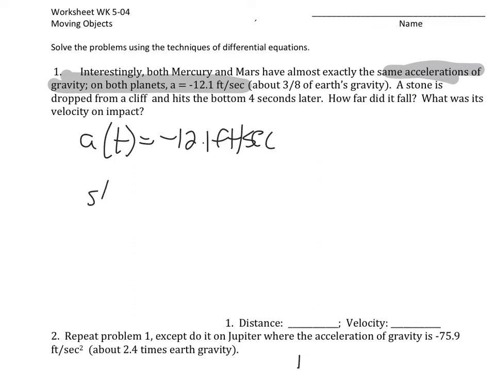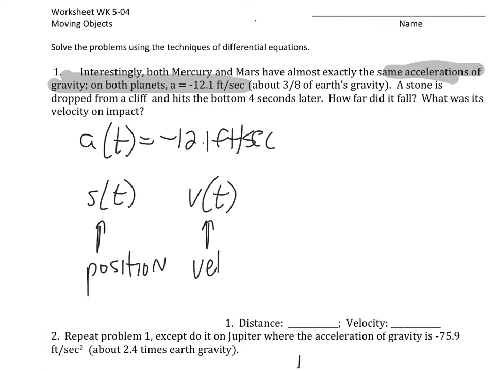Well, remember, we're going to have S of t, which is the position function. We're going to have V of t, which is the velocity. And we're going to have A of t, which is the acceleration.